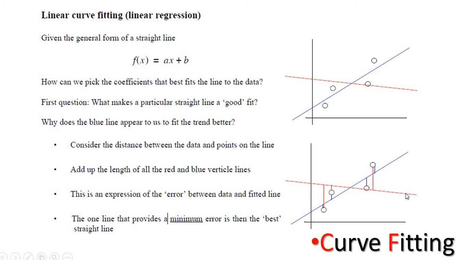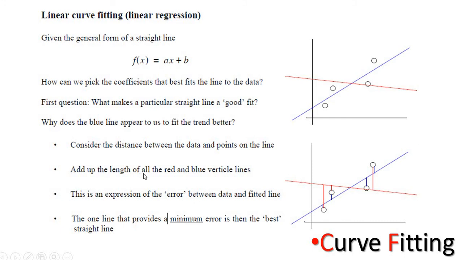We need to check from this point to the line, for example the blue line. This one and this one have a very minimal error between them. The red line gives a bigger error for the prediction.